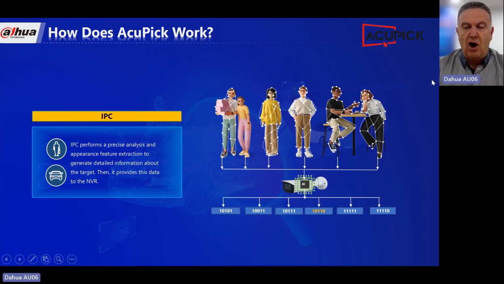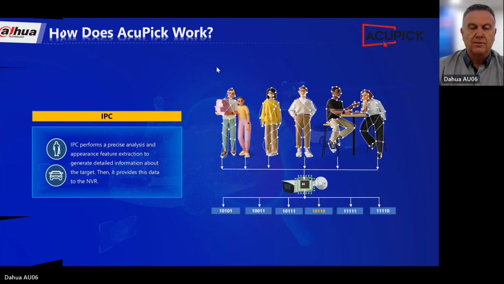So in the diagram here to the right of the slide, the center suspect is who we are trying to target in a target window. So the camera starts to analyze through its AI metadata functionality and says, this is the person that I am looking for.